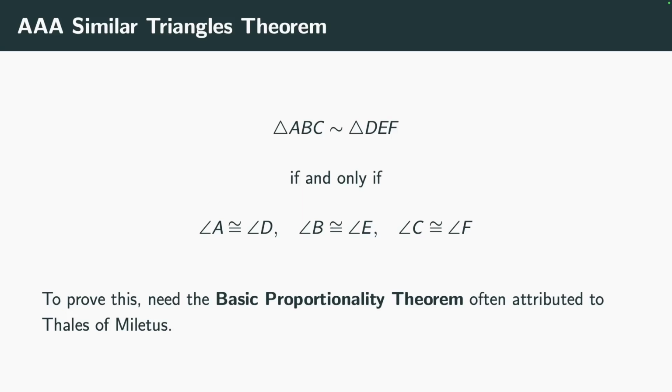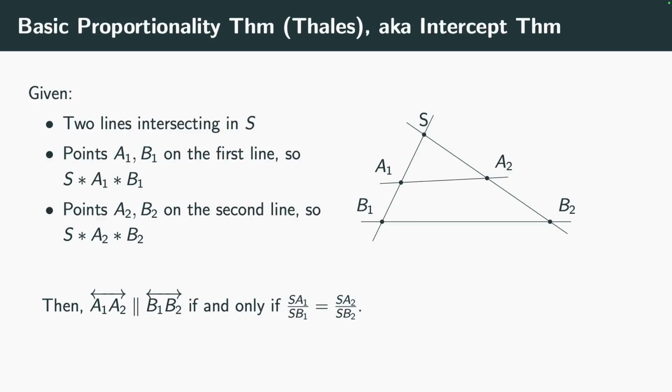And it's one of the two theorems that are attributed to Thales of Miletus. Okay, so this is the statement of the Basic Proportionality Theorem. It's also sometimes called the Intercept Theorem, and also sometimes called the Parallel Projection Theorem. We'll revisit that a little bit later. But let's state the theorem here.